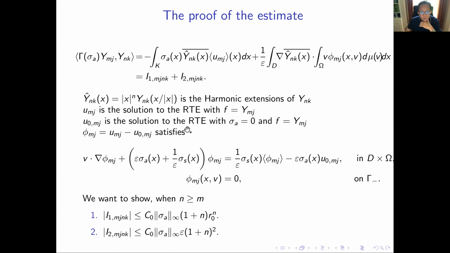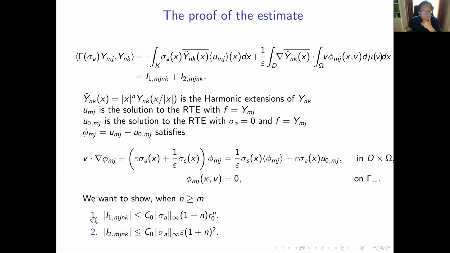U_0 is the solution to the RTE with the zero coefficient, but the source is still this one. And this term here satisfies this, okay? The difference between this one and this one, non-zero absorption coefficient and the zero absorption coefficient.